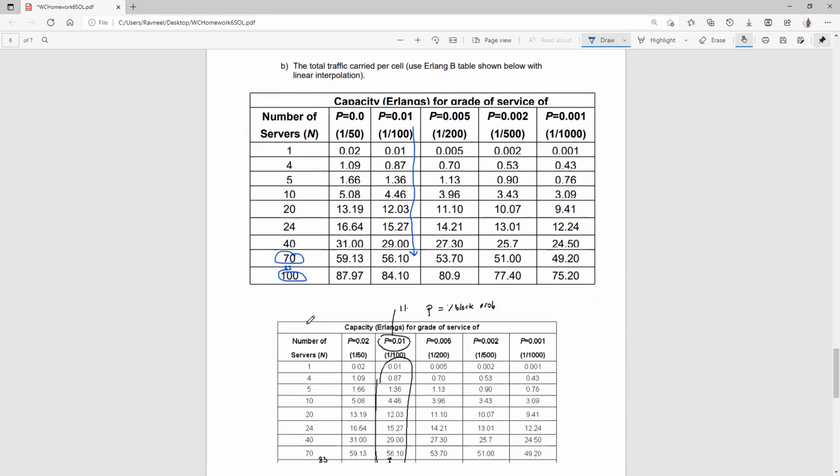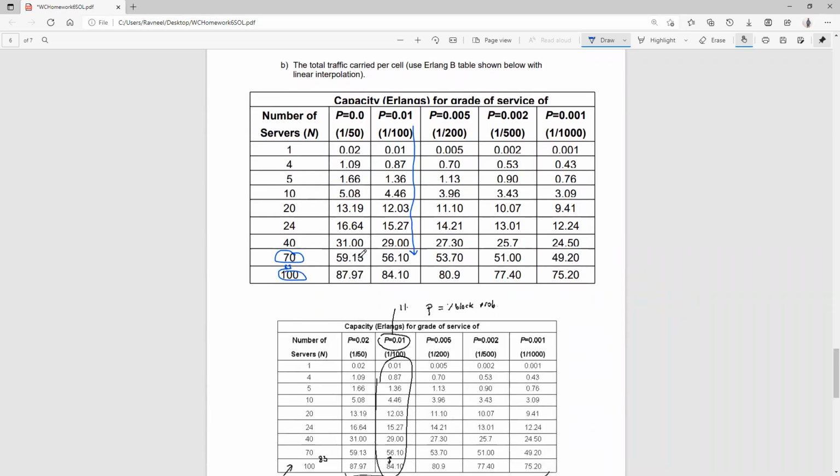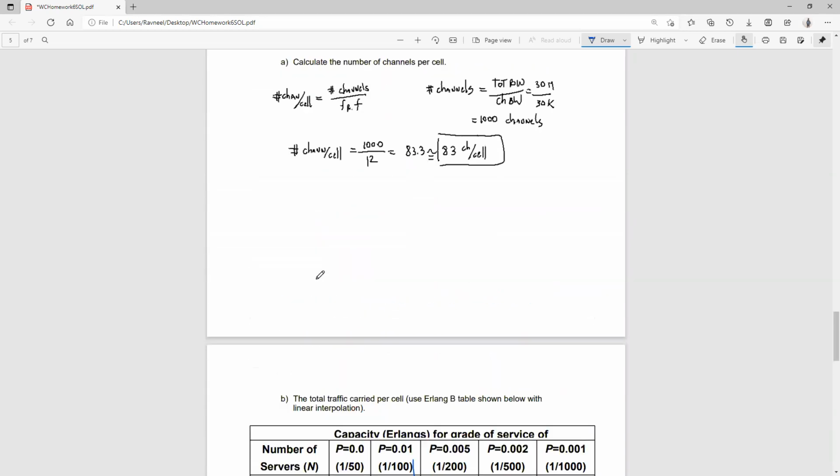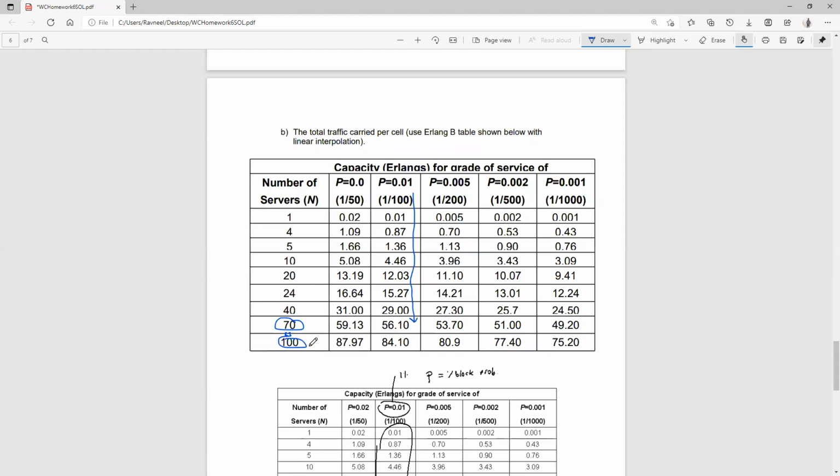We need to interpolate the 70, the number of servers or number of channels per cell, and its capacity, and 100 channels per cell with its capacity, and try to find our capacity at 83. So we have to interpolate these values in order to determine the capacity for 83.